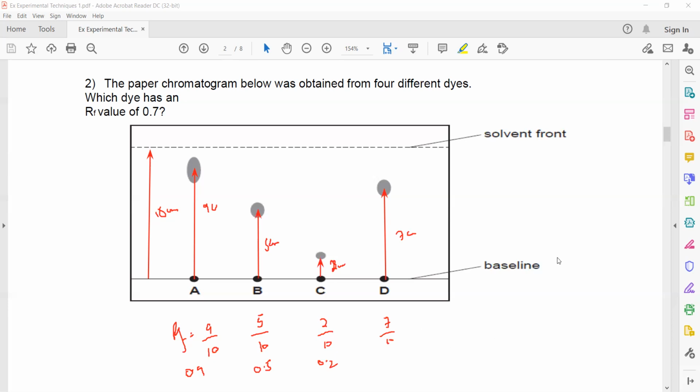You measure with a ruler from the origin till the center of the spot. So this will come out as 0.7, so the correct answer will be D.